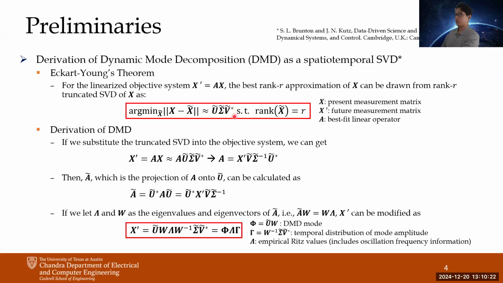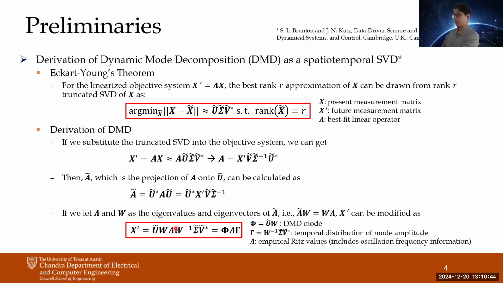So if we substitute this equation into this system equation, we can get this binary equation. And this equation means that this X prime, which is the future measurement matrix, can be expressed without directly using the matrix A. And we can divide this decomposed part into three parts.